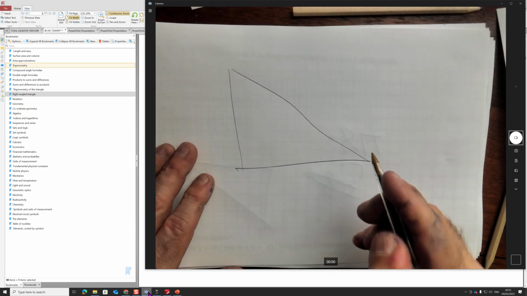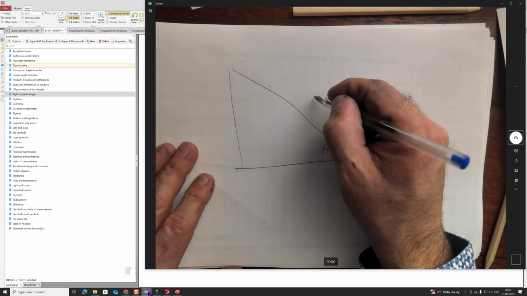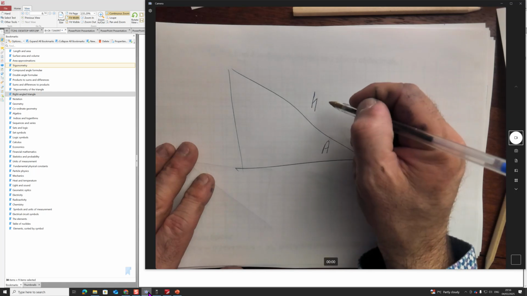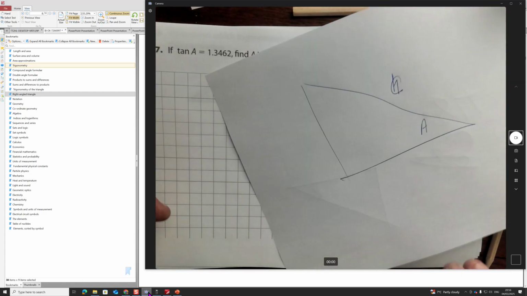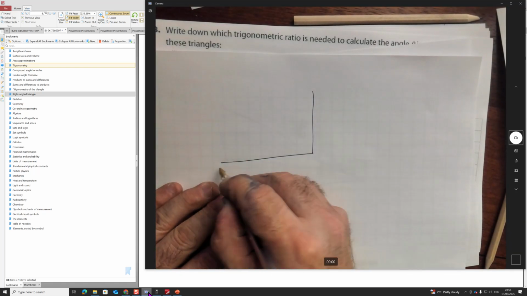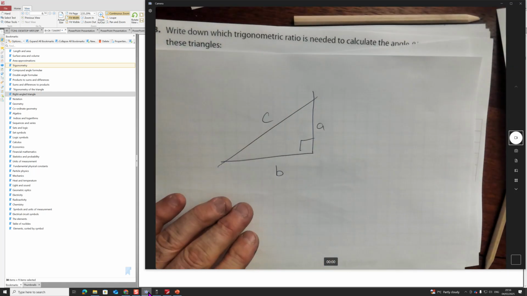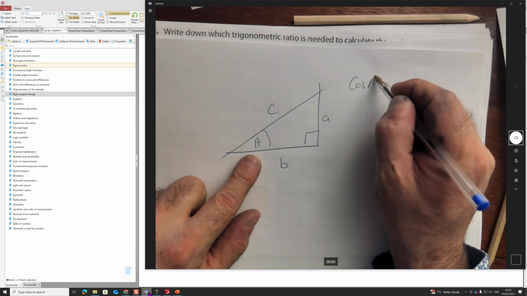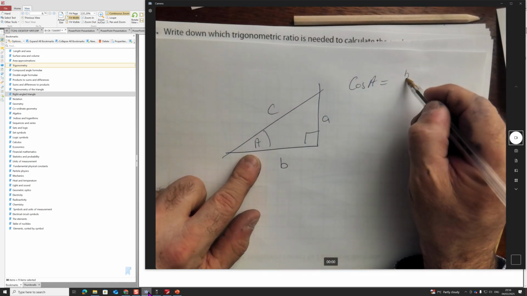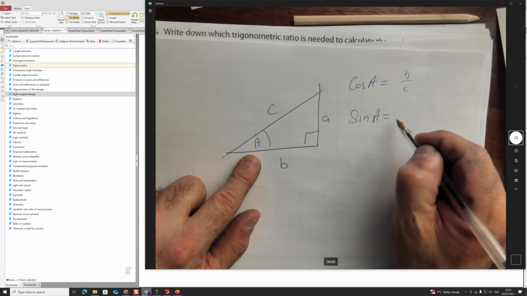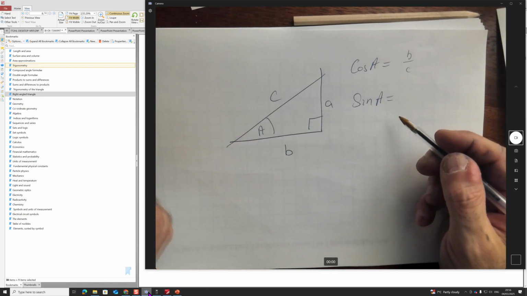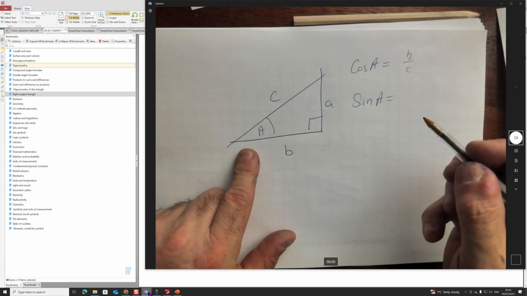So we have a hypotenuse. Let's just go with our usual A, B, C. Let's just take one angle A. So the cos of A equals B over C. The sine of A, now this is higher junior cert, and it's leaving cert as well, but this is the kind of thing that will definitely get your distinction if they go down a rabbit hole questioning you on this.